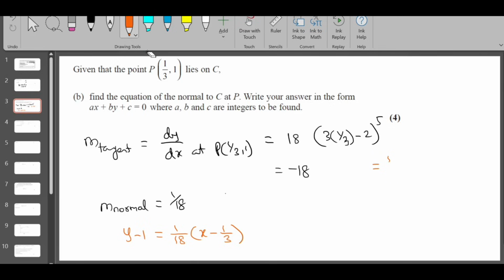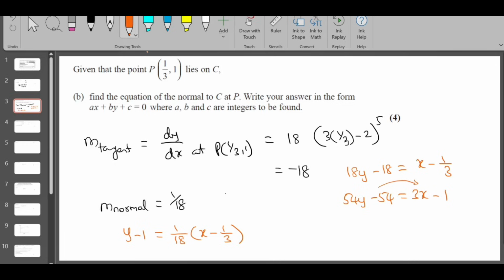Okay, it's better to multiply everything by 18 first. So 18y minus 18 is x minus 1 over 3. And then to get rid of this 1 over 3, again multiply everything by 3. So I'll get 3 times 18, that's 54y, minus 54 is 3x minus 1.